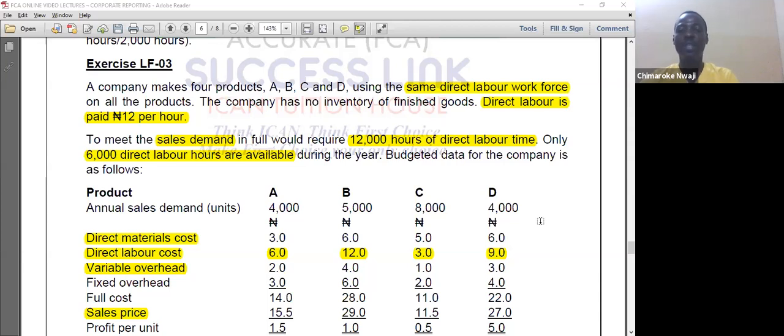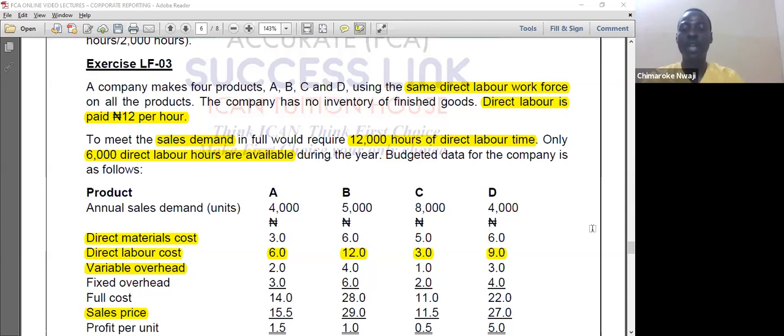So if you are spending 0.5 hours, which is 30 minutes, in 1 unit, in 1 hour you would have made 2 units. And they are paying you 12 naira for 1 hour. That means they have paid you 12 naira for the 2 units you made. If you divide it by 2, it means that 1 unit, you are making 6 naira, as stated here.